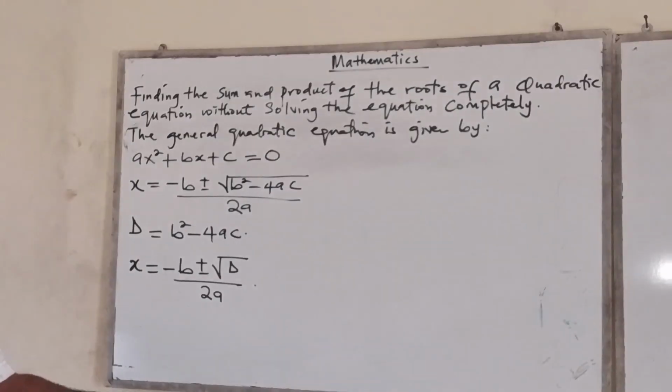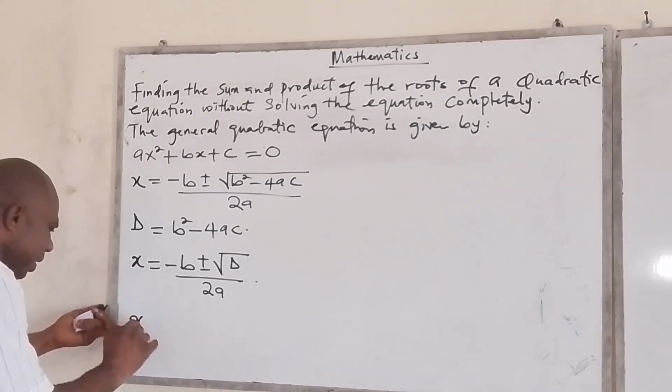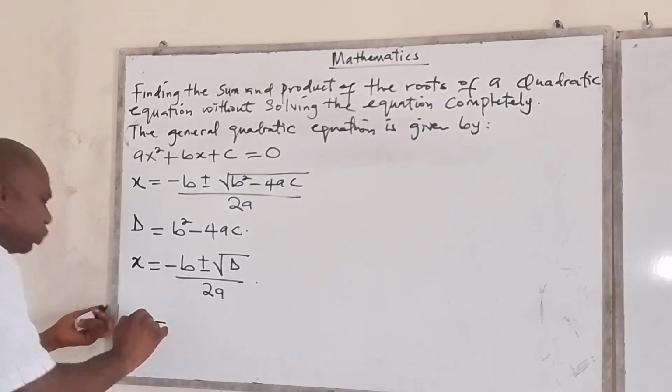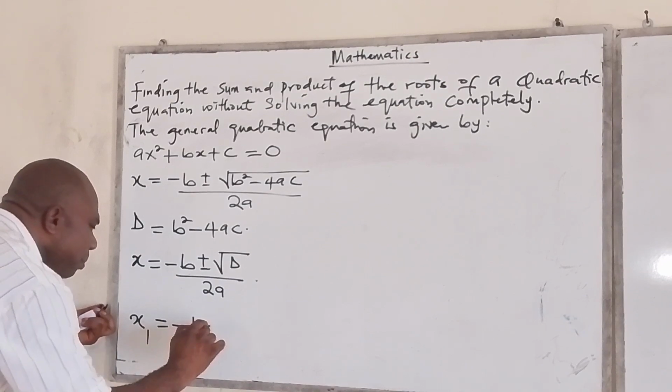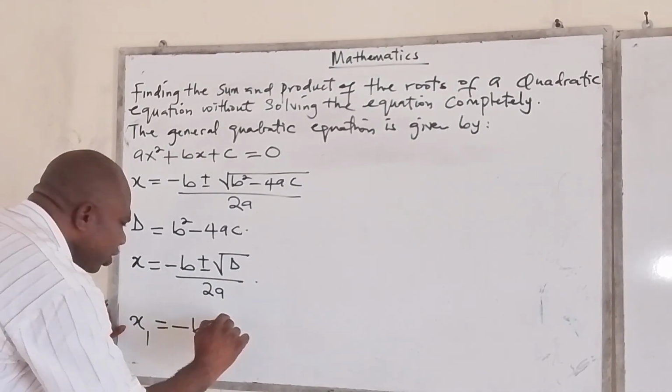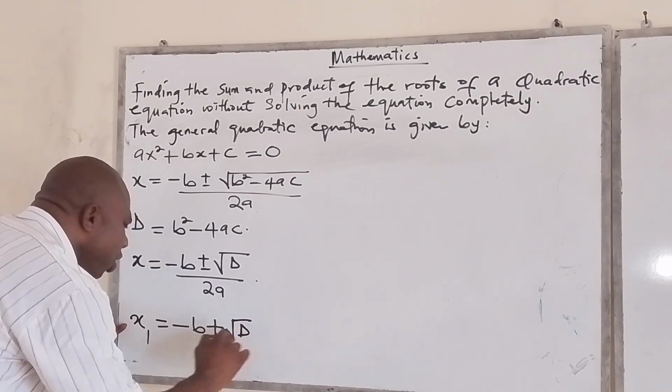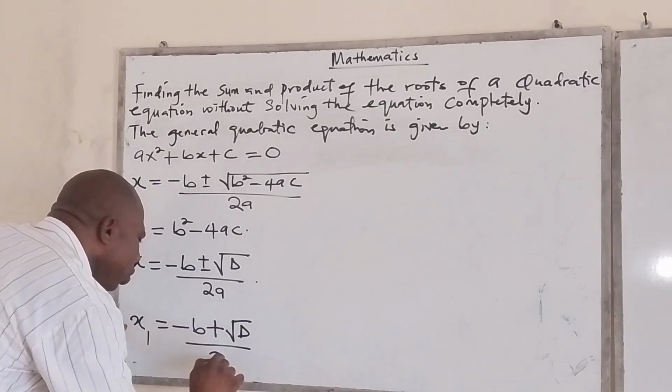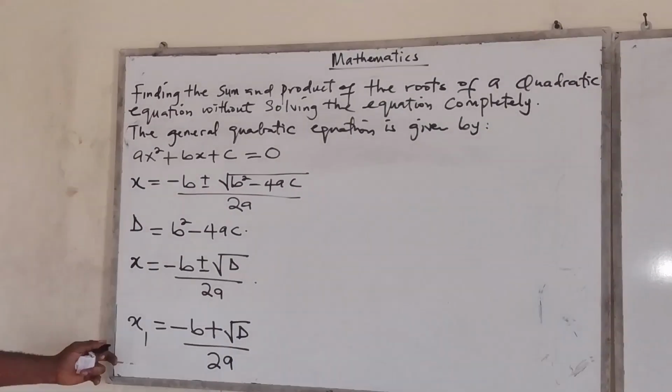Now, the first value of x, let's call it x1. x1 will be equal to minus b plus, now I'm taking the plus here, plus the square root of d all over 2a. That's the value of our x1.